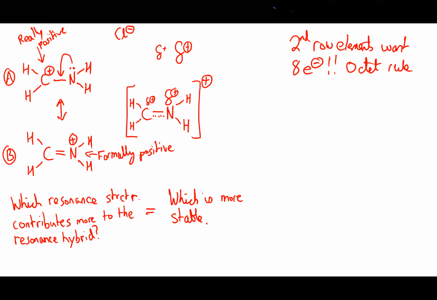And so in the bottom case, the nitrogen has its 8, the carbon has 6. Now, everyone who said that the carbon should have the positive charge because it is the more electropositive or less electronegative element, you're right. If we were comparing a carbon with 6 electrons and a nitrogen with 6 electrons, you better believe that positive charge is on that carbon. But we're not comparing that. We're comparing a carbon with 6 electrons and a nitrogen with 8 electrons. And so the octet takes precedence.